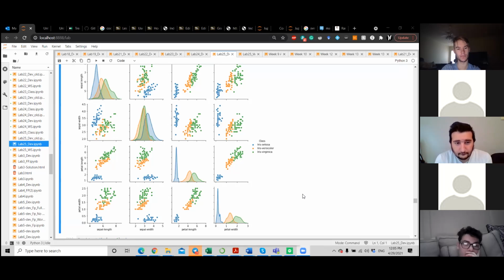I wouldn't pick sepal length, and I definitely wouldn't pick sepal width either, because they're really mashed up together. Overlapping. There's not much distinction. So what was the couple that you chose? Petal length and petal width. Yes, sir. So this one.